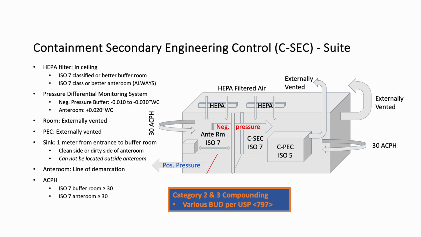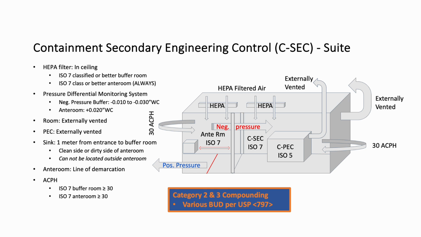The negative pressure buffer room must be between negative 0.010 and negative 0.030 water column. The anteroom will be a positive pressure of a positive 0.020 water column. The negative pressure buffer room must be externally vented to the exterior of the facility, as well as the CPEC, or the biological safety cabinet, must also be externally vented to the exterior of the facility.